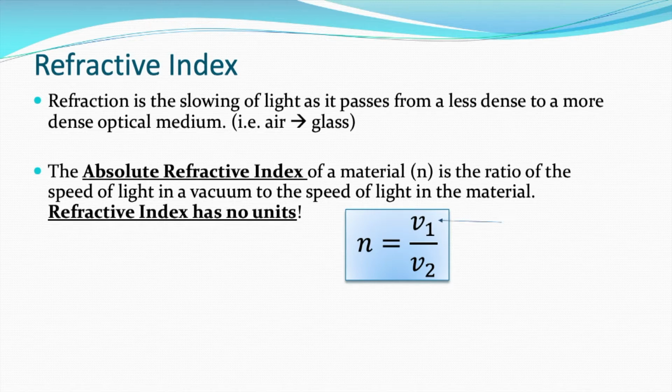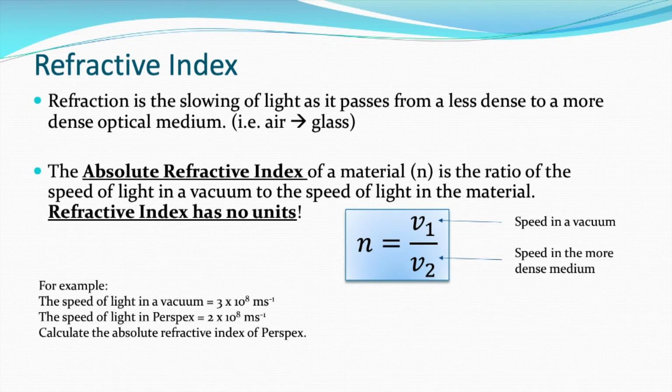N is the symbol for refractive index, V1 is the speed of light in a vacuum, and V2 is the speed of light in whatever material it's passing into, the more dense medium, the more optically dense transparent substance. Here's my wee example then. What happens if light goes from a vacuum into perspex? Well, the speed of light in a vacuum is 3 times 10 to the 8.